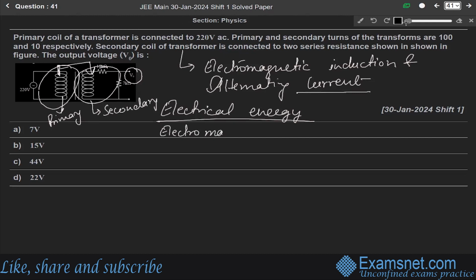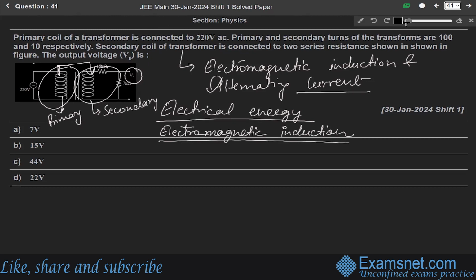So whenever in MCQs the question is asked on which principle the transformer works, it always works on the principle of electromagnetic induction, means the current that is produced in the primary coil generates an EMF in the secondary coil.